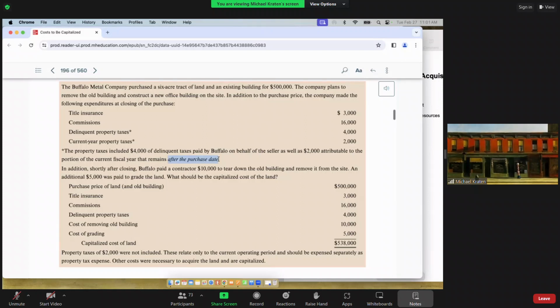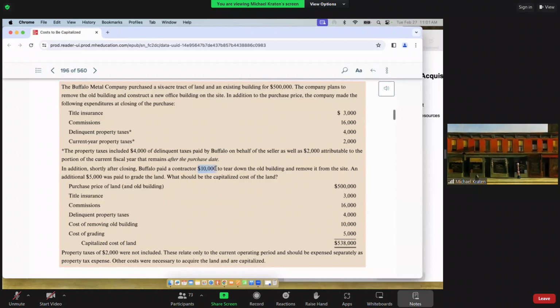You'll have to spend $2,000 on taxes. Well, if that's what you will spend after you buy it, it can't be part of the cost when purchased. It's a subsequent cost. And that's why you don't see $2,000 listed here below.